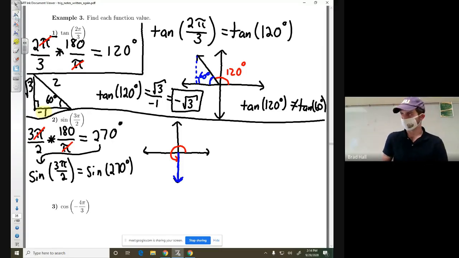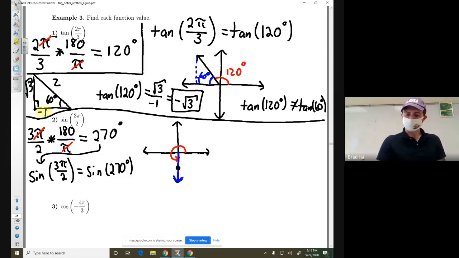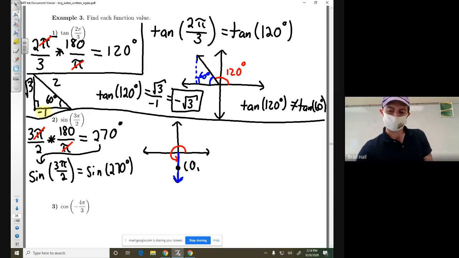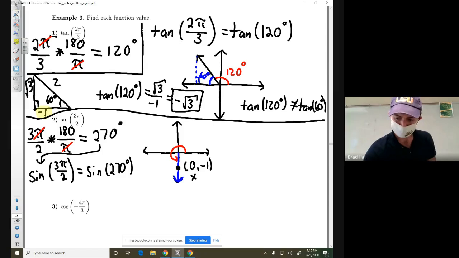Well, Blake, you seem to be on a roll. What is the quadrantal specific method? You find a point on one side. Yeah, we do find a point. Or just find any point. What would be a good point that would make sense to go there? 0, -1. Yeah, 0, -1. That would be a point that would make sense right there. And from here, we found an x, we found a y, we also need an r.